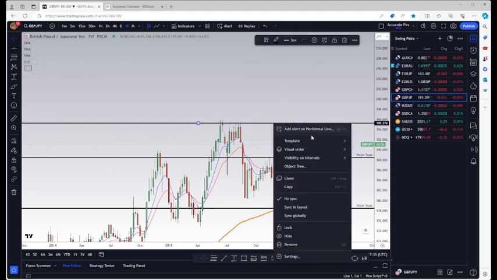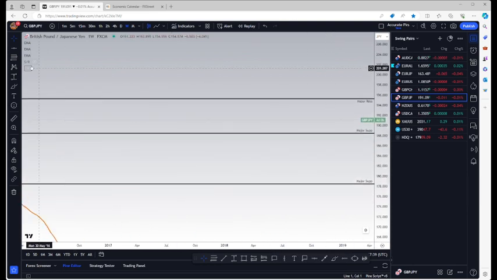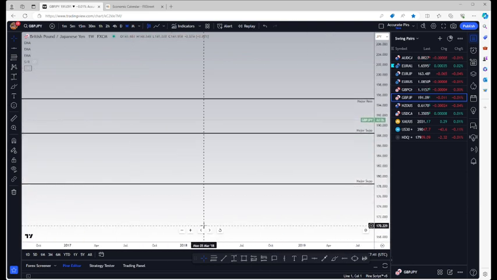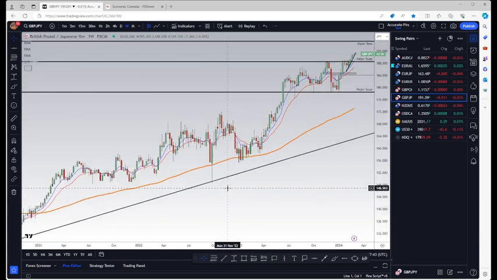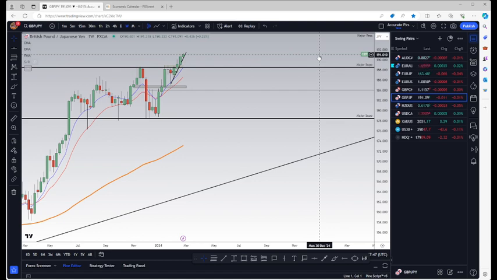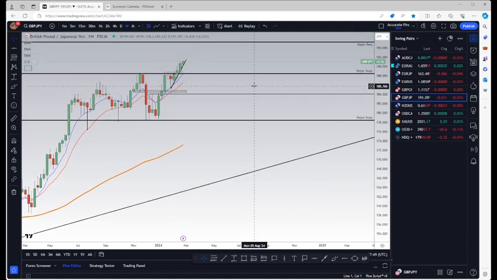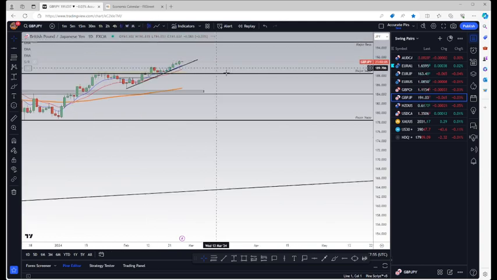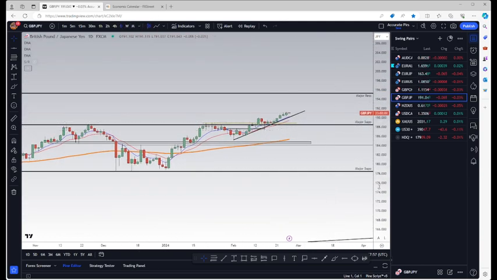Cool. It's quite a lot of pips though. Will it get there? Who knows? Once GJ moves, you can literally catch at least 150 pips when it is ready to move.